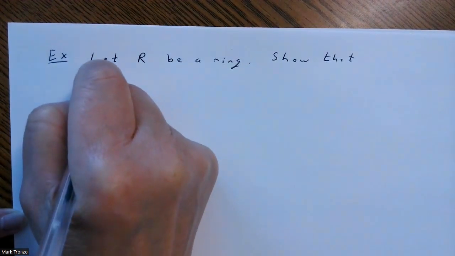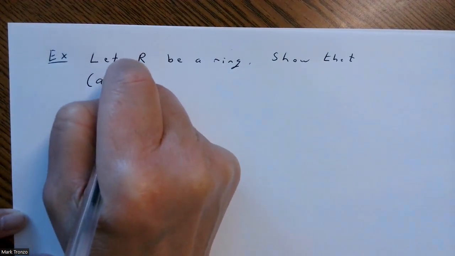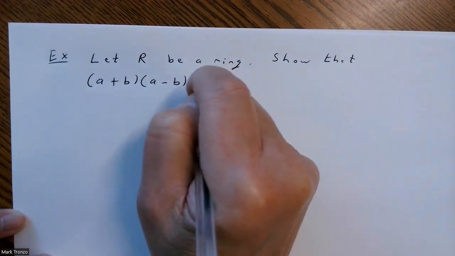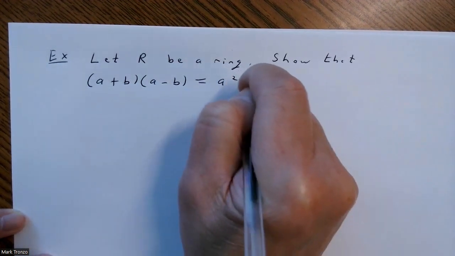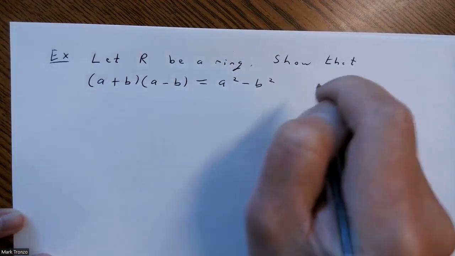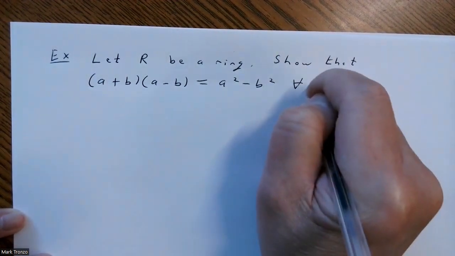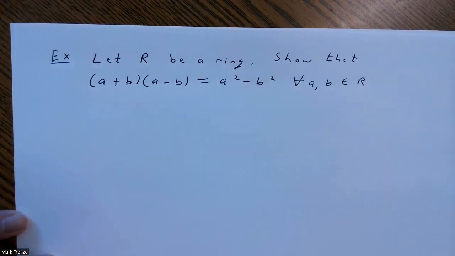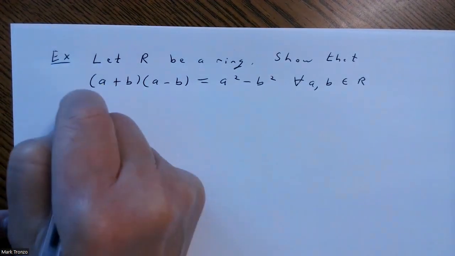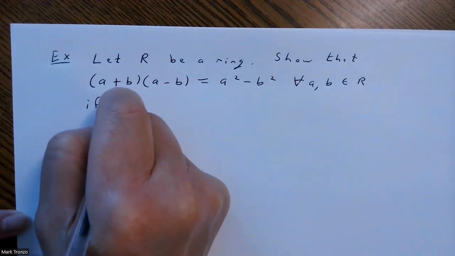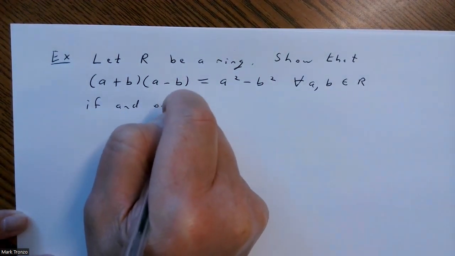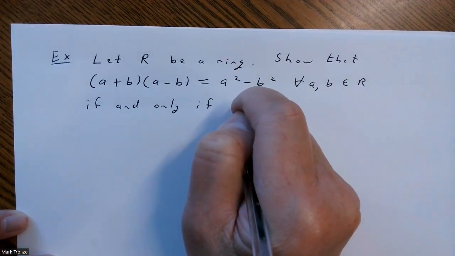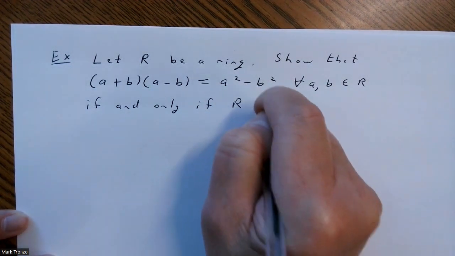Show that (A plus B)(A minus B) is equal to A squared minus B squared for all A and B in the ring, if and only if R is a commutative ring.